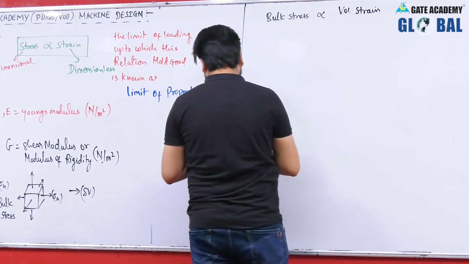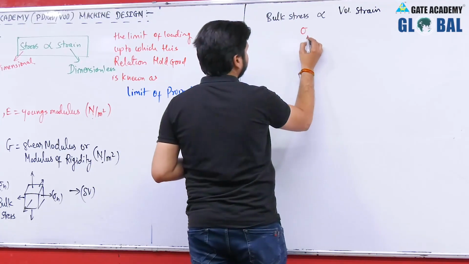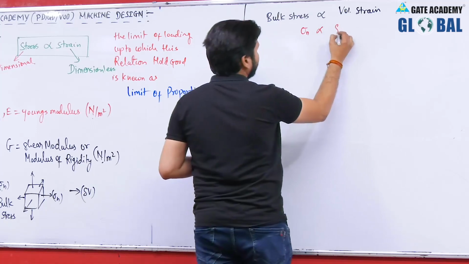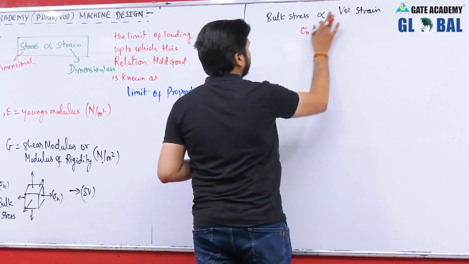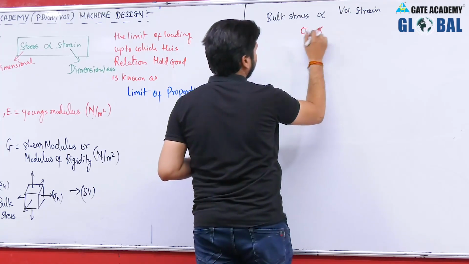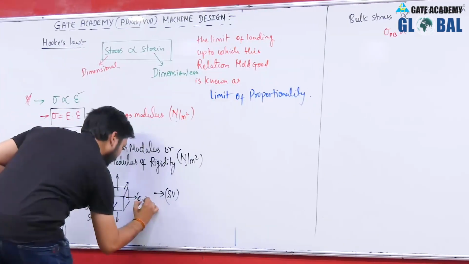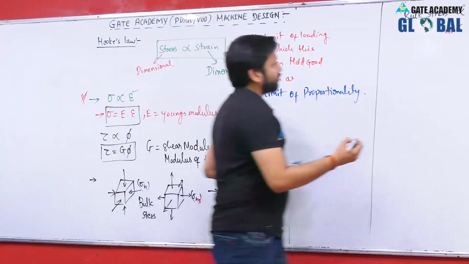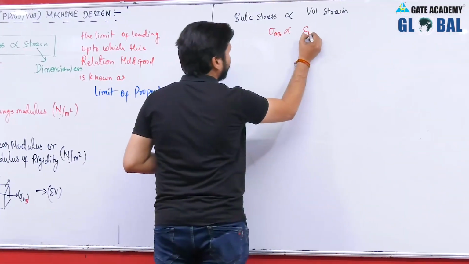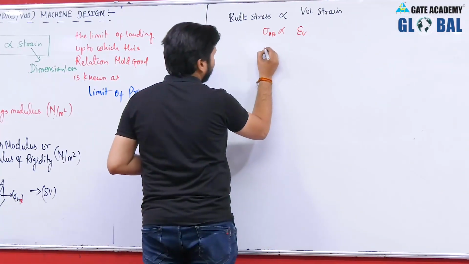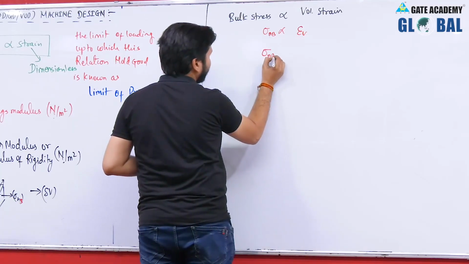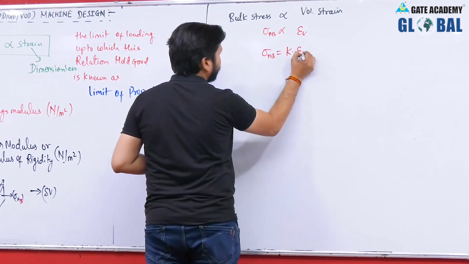So here we can write sigma n b, where b stands for bulk, is directly proportional to epsilon v. On removing the proportionality sign, we have sigma n b equal to k into epsilon v.